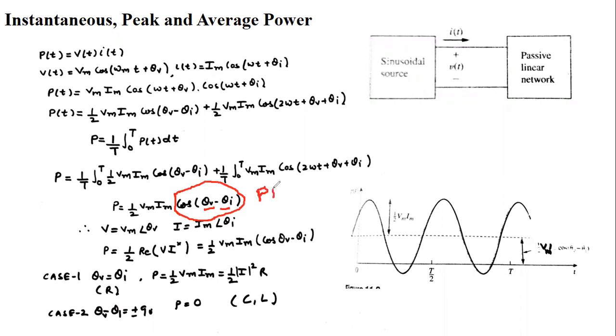Okay, so what is power factor? It is the cosine of the phase difference between the voltage and current. Take the cos of the phase difference of voltage and current, and it will give you the power factor.